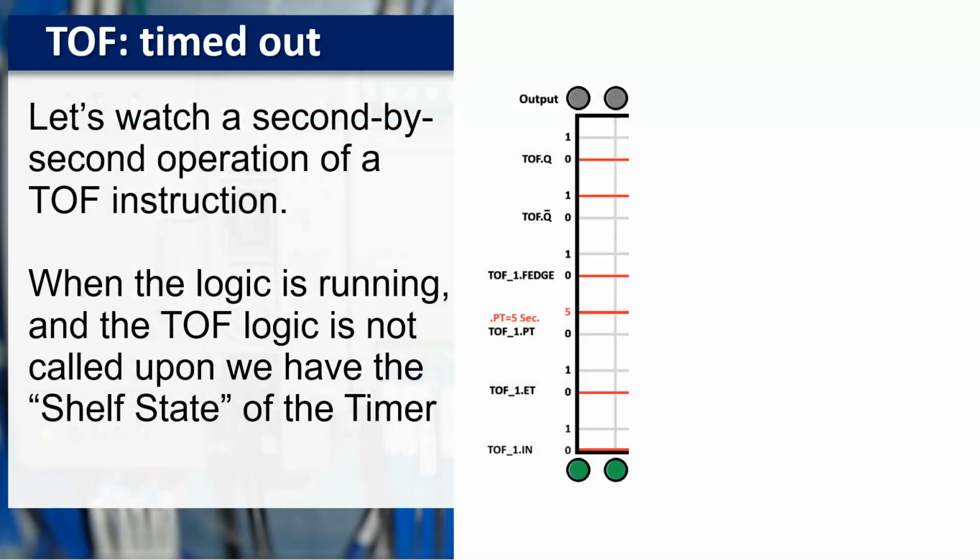To better understand a TOF's operation, let's watch a second-by-second operation of a TOF instruction. When the logic is running and the TOF logic is not called upon, we have the shelf state of the timer.